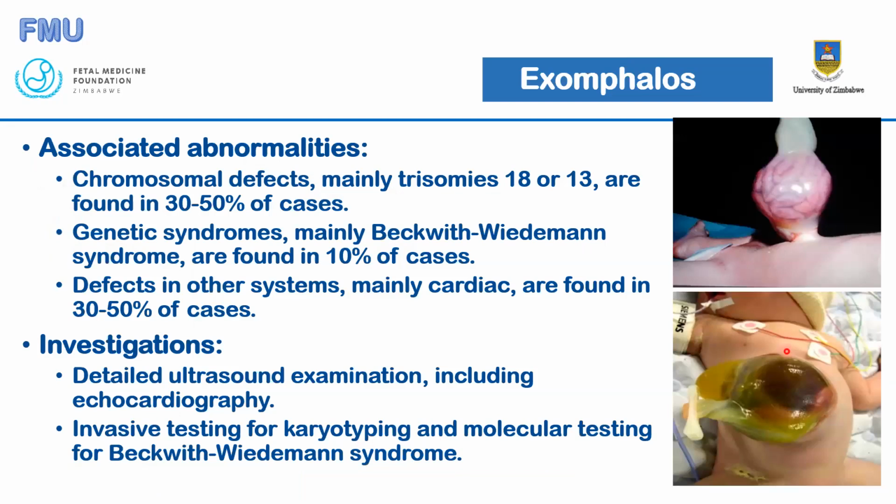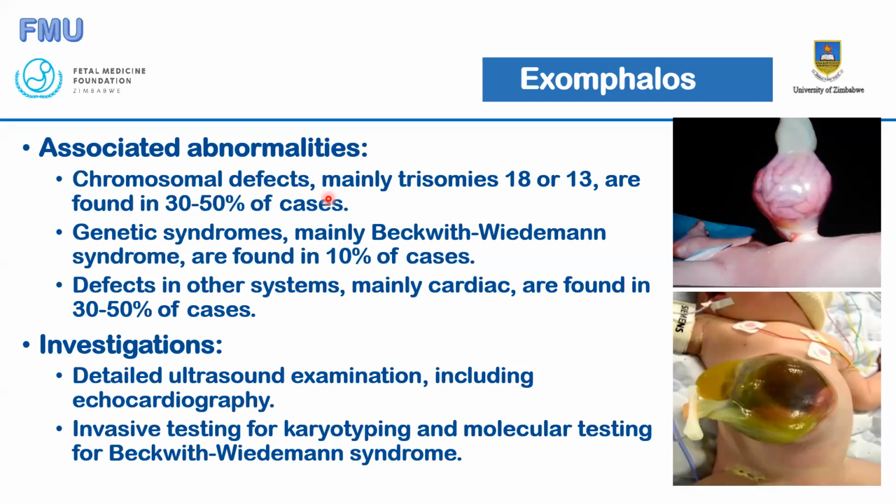So chromosomal defects, mainly trisomy 18 and 13, are found in about 30 to 50% of the cases. So this is why offering these women diagnostic testing, amniocentesis, is very important, because you want to make sure that there is no associated trisomy 18 or 13.